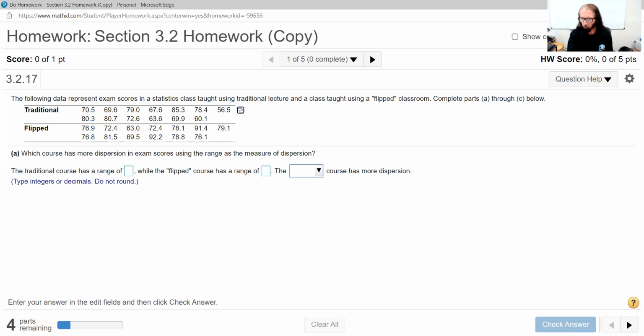It takes a moment to open up, so I'll pause this. Now we are being asked for range as well. Although it is not required to find the minimum and maximum scores, it'd be a good idea to put the data in order.